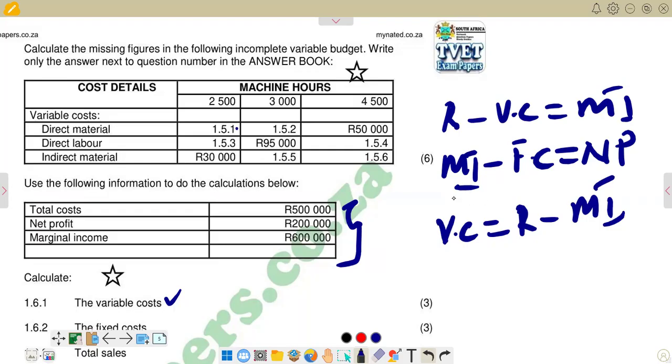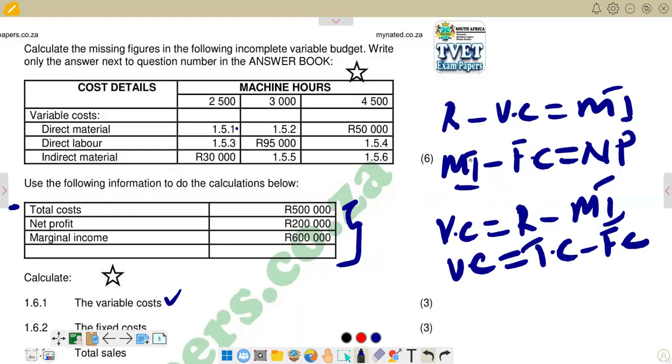But we can also find it by saying variable cost plus fixed cost will give us our total cost. So if you make variable cost the subject of the formula again, it can be variable cost equal to total cost minus fixed cost.